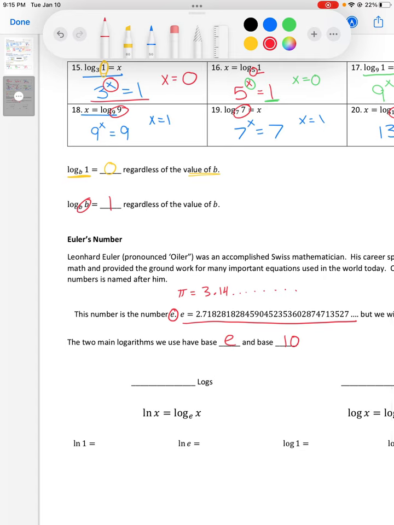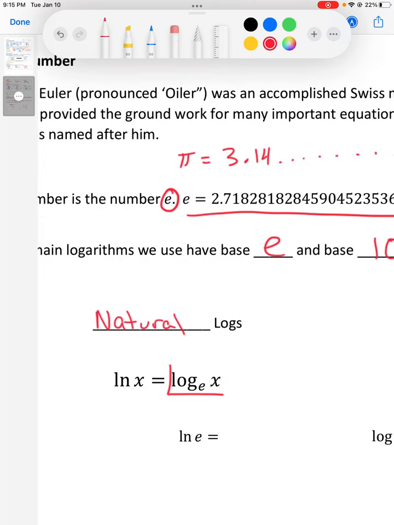So the first one is a natural log. Natural logs are the ones that use base e. So you see we have a logarithm here, and the base is e. Though how we write it is ln.